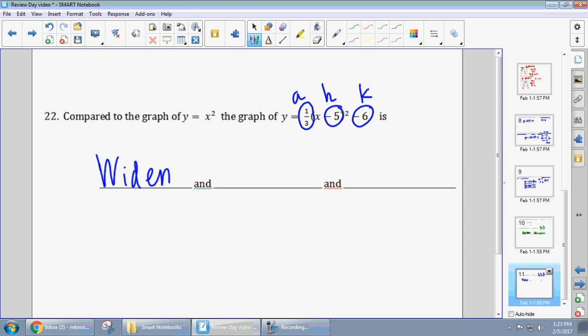It's positive, I didn't flip or reflect across the x-axis. Then my h in the equation, remember I have to do the opposite of what's in the equation. So instead of at negative 5, it's going to be at plus 5. So that means that I shift right 5 units. And my k, I shift down.